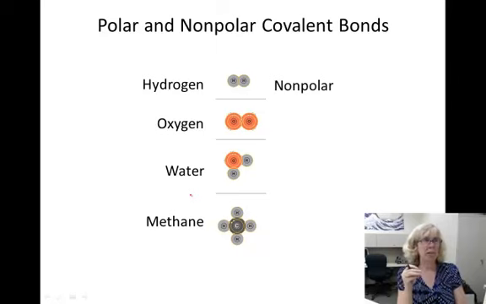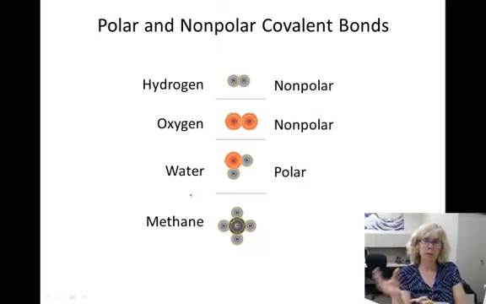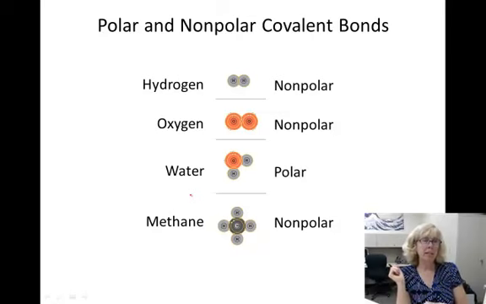The electrons are shared equally. We've already said that water tends to be a polar molecule because the electron hangs out closer to oxygen. And methane, because it consists of both carbons and hydrogens, which are equally electronegative, they share the electrons equally, and this makes it a nonpolar molecule.